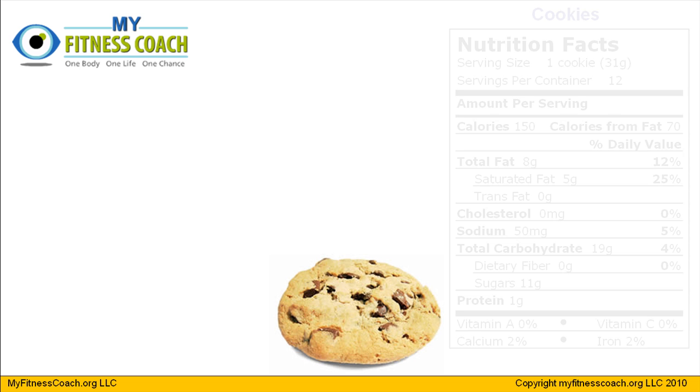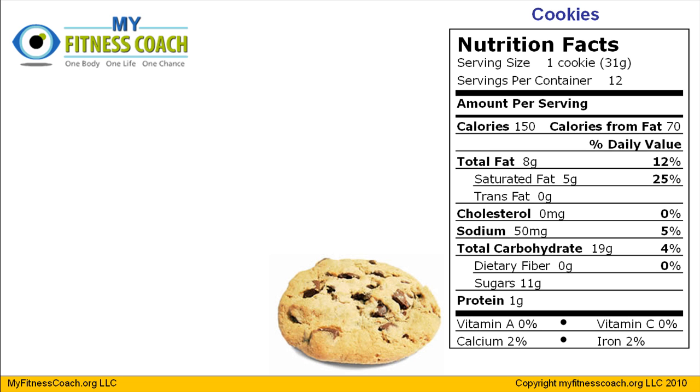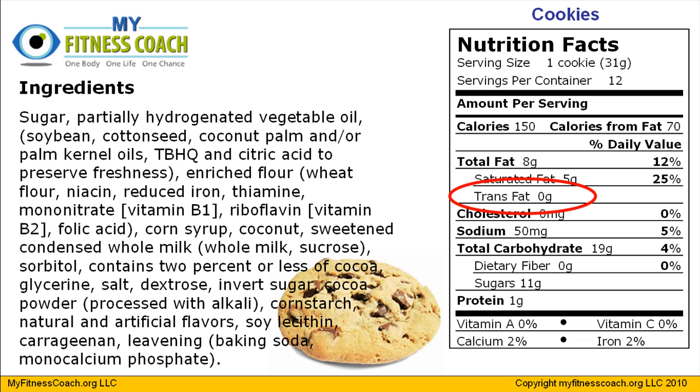So let's look at this cookie, the same cookie that we looked at the start. And if you look there, there's 0 grams of trans fats in the nutrition facts panel. However, you now know that you must always consult the ingredients list, and there lies in the second ingredient the words partially hydrogenated vegetable oil. And in this case, it is very high up in the ingredients list. It's actually the second ingredient.